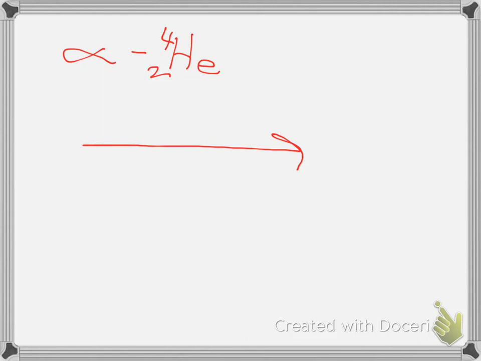And as it goes through air, it has the ability to rip electrons off of the particles it encounters. And when it does that, that means it has an ionization ability. So the ionization just means that it charges certain particles as it rips through, because it rips their electrons off.